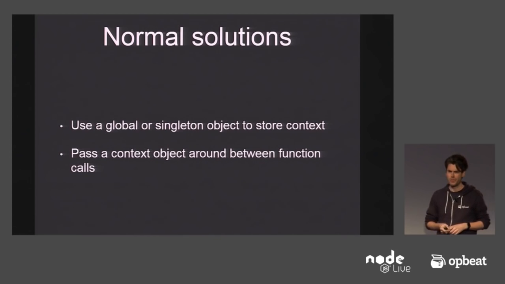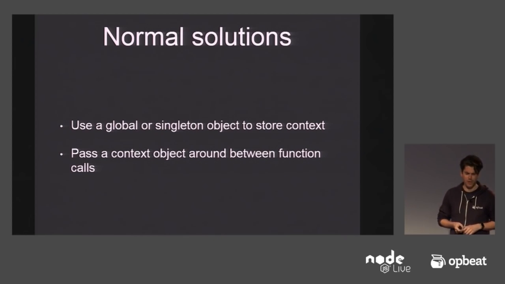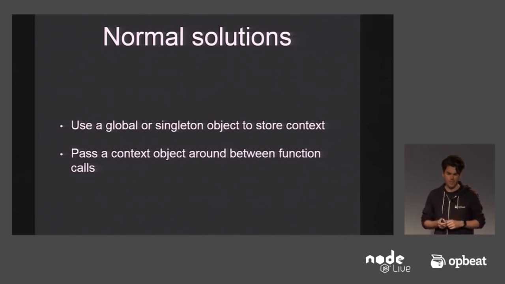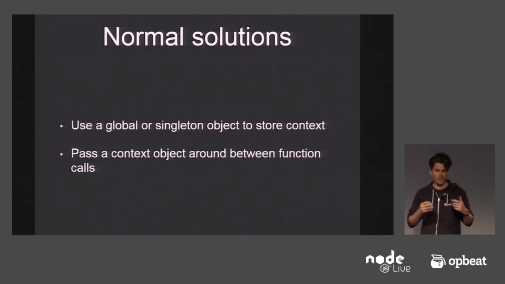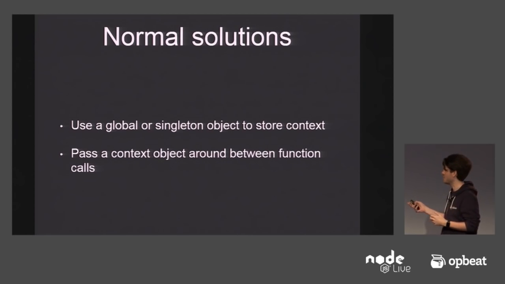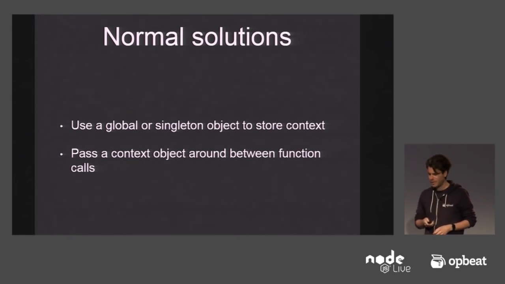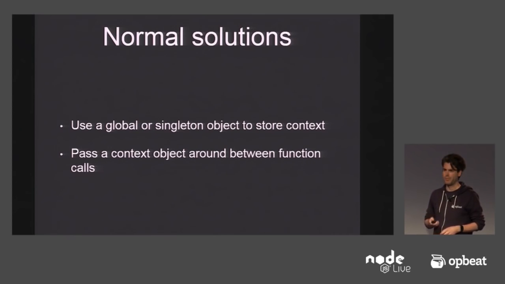Another solution that I like a little more, but which still has some problems, is you pass the context around between each function call. The problem with that, of course, is you have to do that all over your code. It is really tedious. But at least we get around some problems with having this global thing.